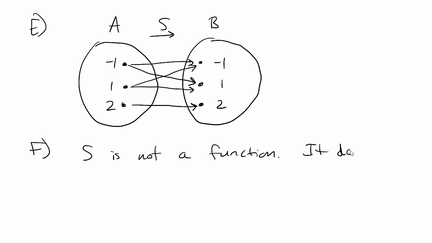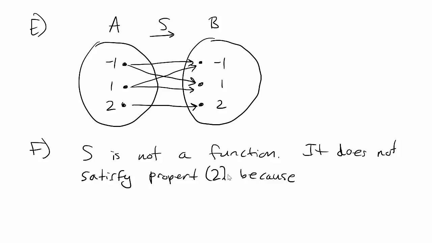It does not satisfy property 2 because you can look at -1. -1 is related to both -1 and 1.